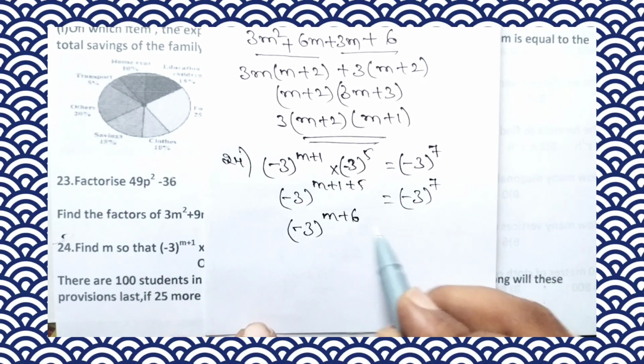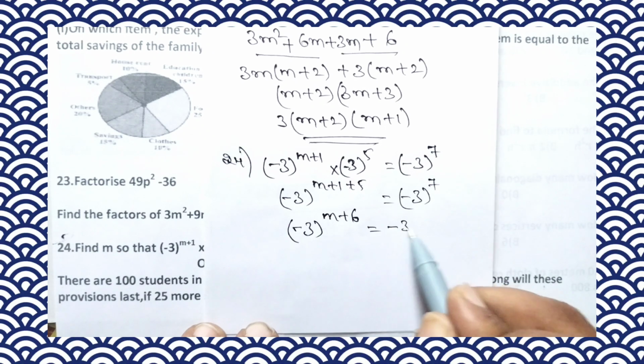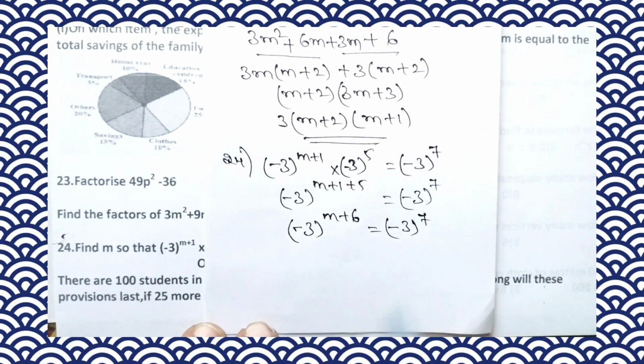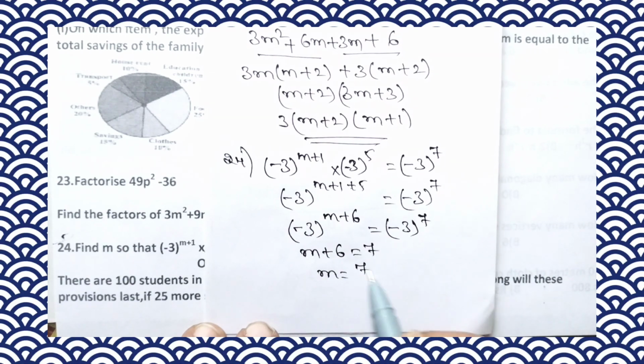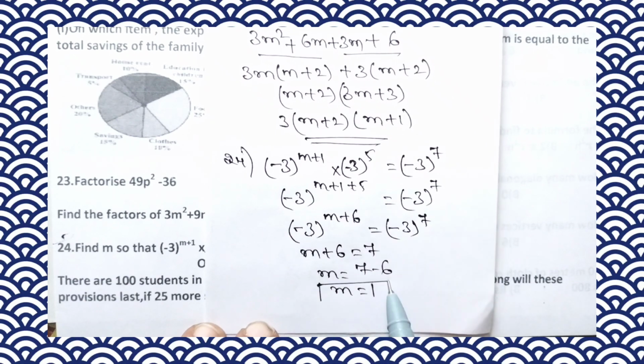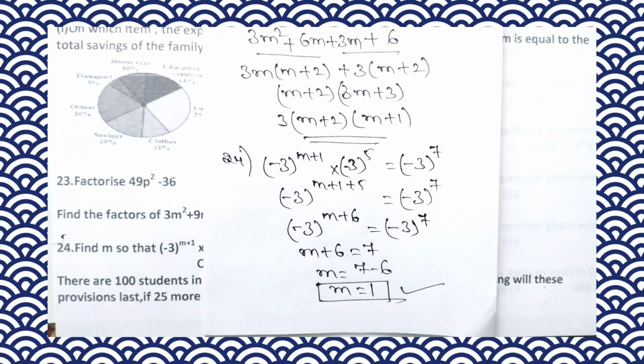So m plus 6 is equal to minus 3 whole to the power of 7. Minus 3, both the bases are same. Therefore, m plus 6 is equal to 7. m is equal to 7 minus 6, which is 1. Therefore, the value of m is 1.